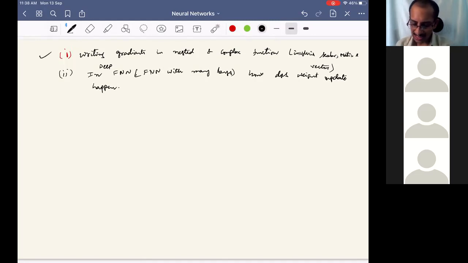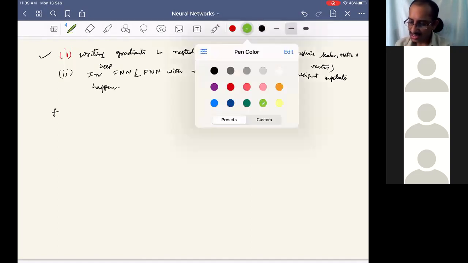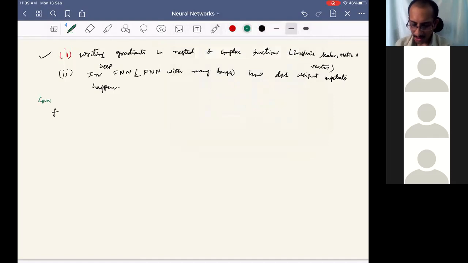So let's start with the first thing. The solution usually suggested in the literature for the first one is computational graphs. Let us assume that we have a function f of x comma y comma z. It involves three variables.